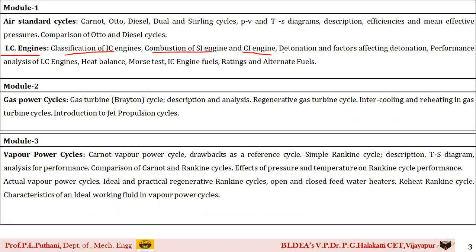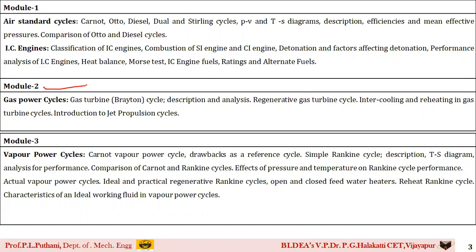We'll be discussing detonation and the factors affecting detonation. A very important topic is the performance tests carried out on IC engines to check the performance parameters, the analysis, and the heat balance sheet required for IC engines, then how to conduct the Morse test, and the different kinds of IC engine fuels or alternate fuels which can be used with their respective ratings. This is with respect to module number 1.